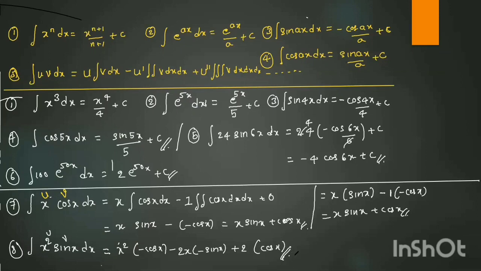All of you check this again. Keep u as it is. Integrate sine x, that will be minus cos x. Differentiate x square, you get 2x. Integrate cos x, you get minus sine x. Plus, differentiate the previous term 2x, it is 2, and integrate the previous term.